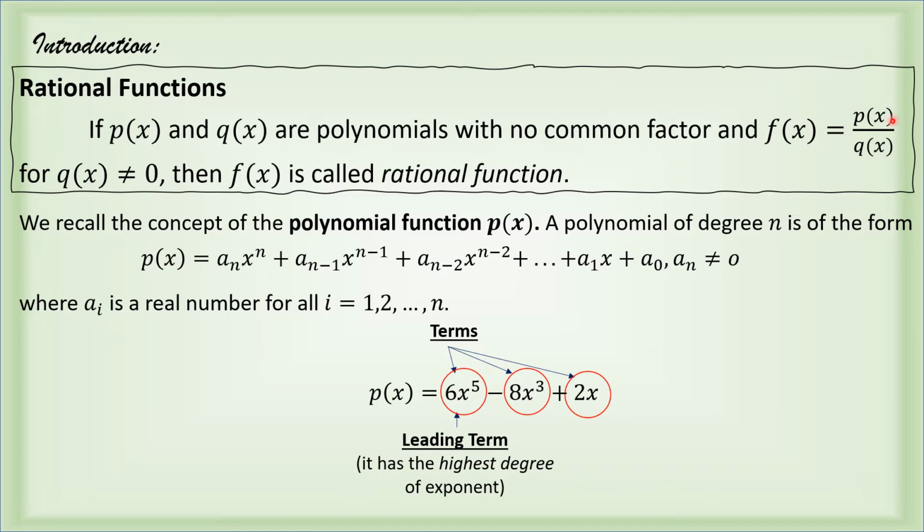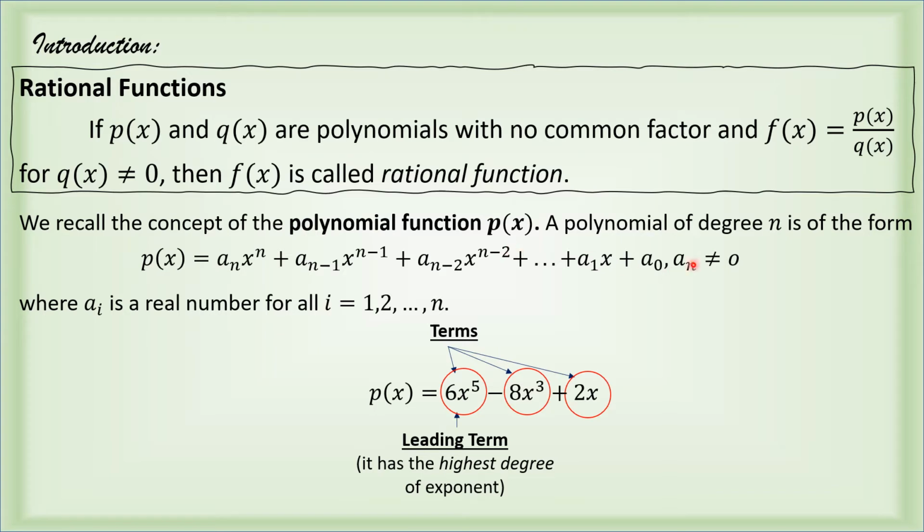So take a look in your numerator, that is p of x, which means our numerator must be a polynomial function, and also your q of x must be a polynomial function, so that f of x can be called a rational function. Your q of x must not be equal to 0, because it will make your function undefined.